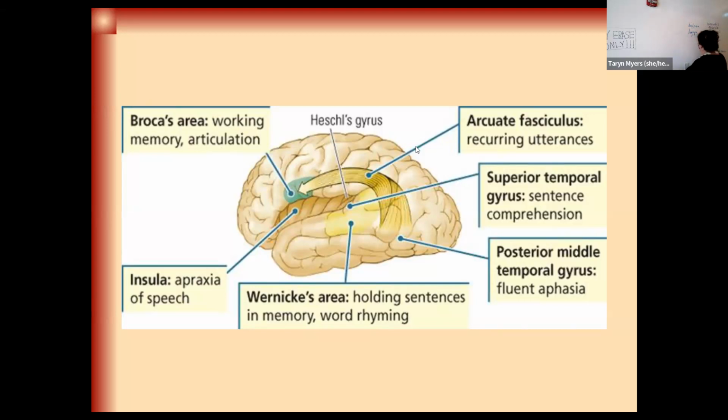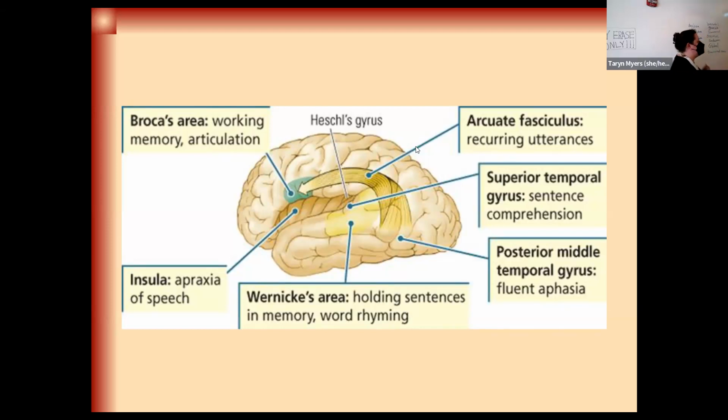Dysgraphia is problems with writing. And then dyscalculia sounds like a disease, but it is just difficulties with math. Okay, so all of these are not technically aphasias, but they're in the same realm. So these are problems or disorders.